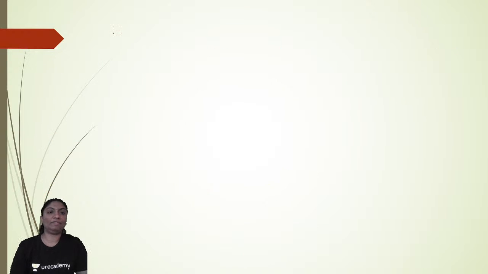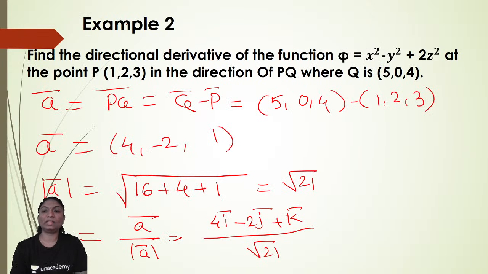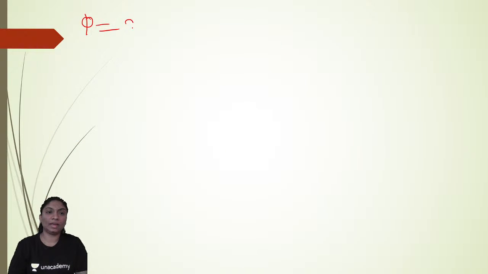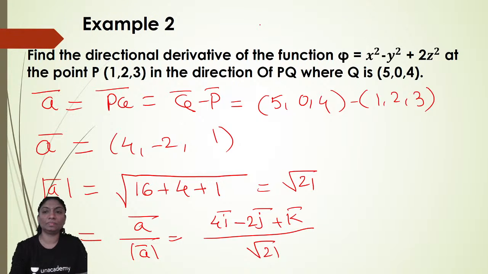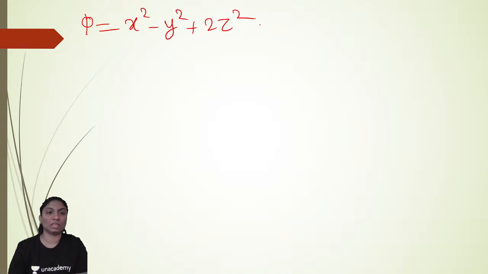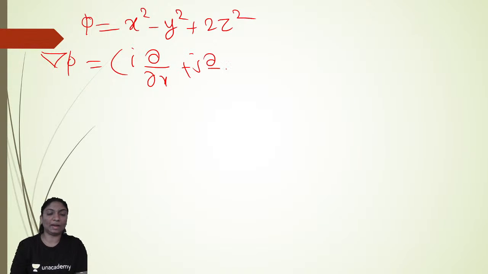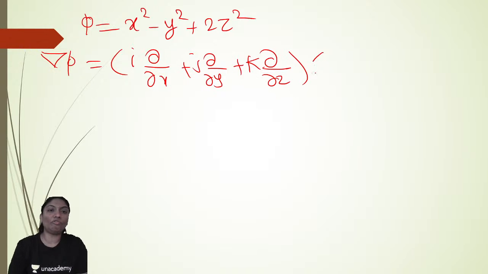Now we'll calculate del phi. Your phi is equal to x square minus y square plus 2z square. So your del phi is equal to i dabba by dabba x plus j dabba by dabba y plus k dabba by dabba z of phi, x square minus y square plus 2z square.